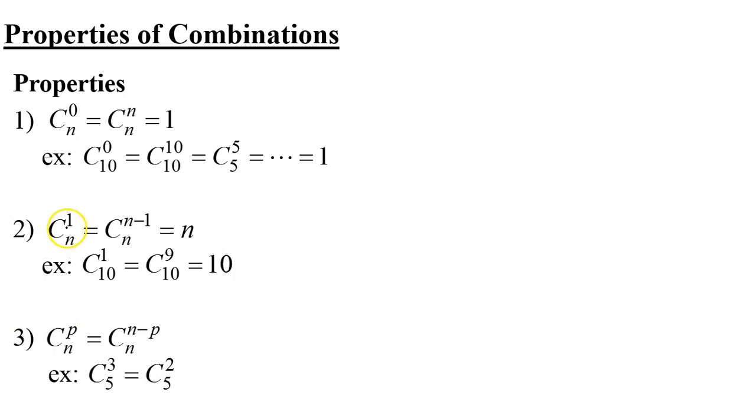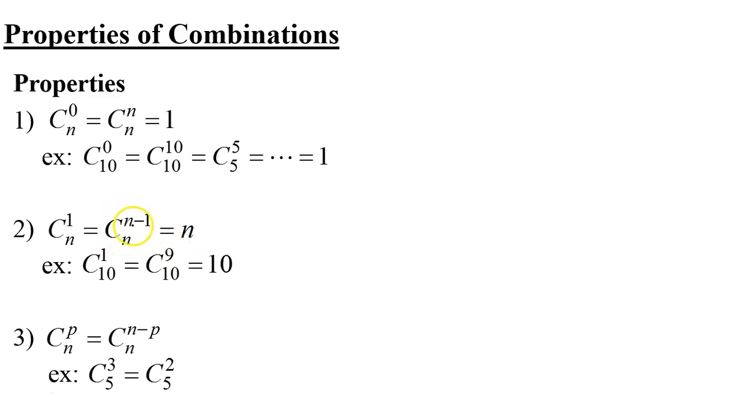If I had 10 students in the classroom and I walk in to choose one student, how many students could I possibly choose? Then I would have 10 possibilities. So C1 out of n is in fact equal to n.